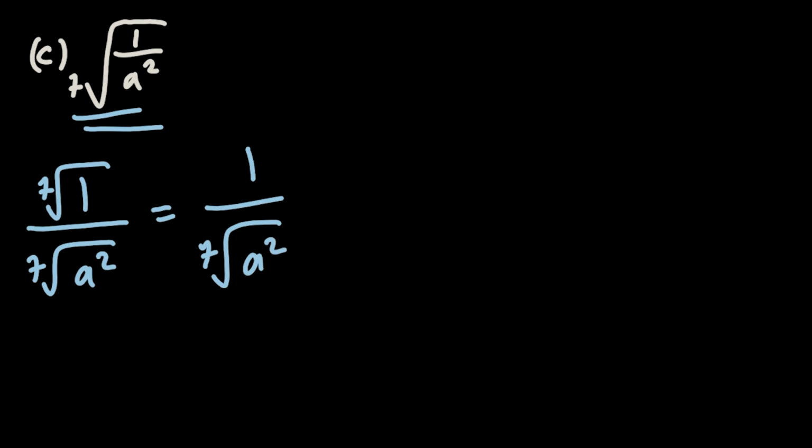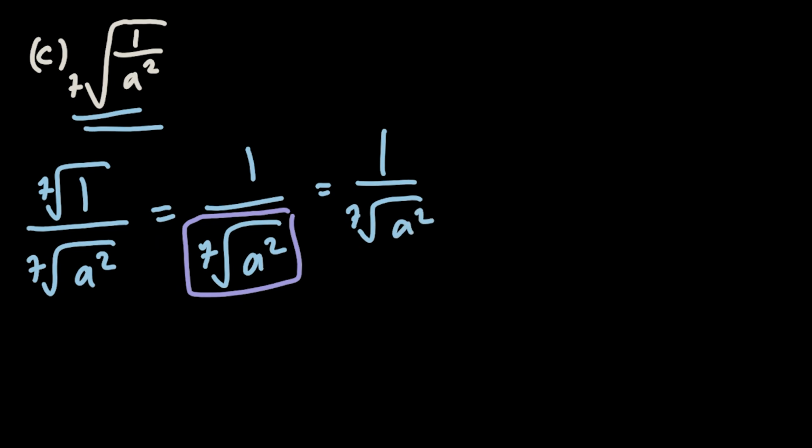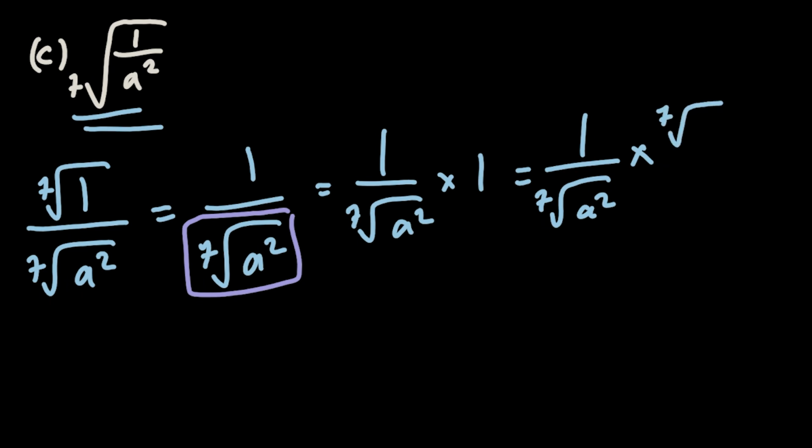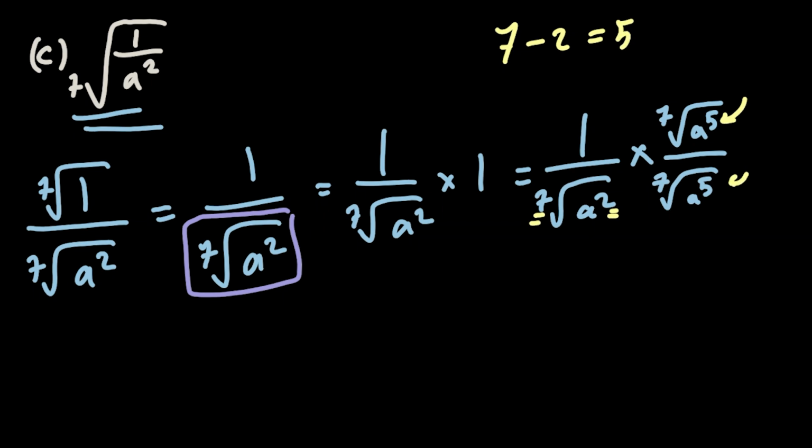Now we want to remove this root, so we will have 1 over the 7th root of a to the power 2 multiplied by 1, and that would equal 1 over the 7th root of a to the power 2 multiplied by the 7th root of a to the power 5 over the 7th root of a to the power 5. Why I have chosen 5 here? Because if you subtract 2 from 7, you'll get 5. So it's 7 minus 2, that would equal 5. This is why I have used 5 here.